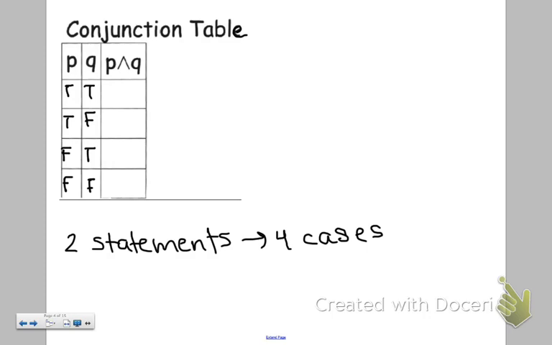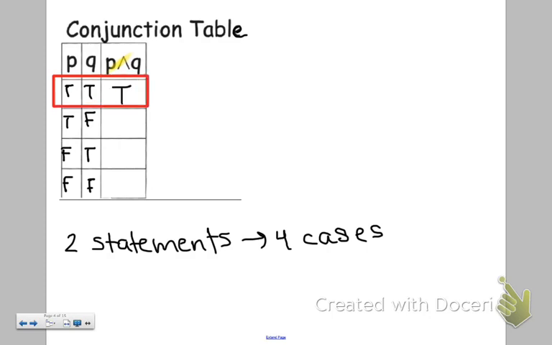Now, when we look at these combinations, notice that in this table we're looking at P and Q. The only way that an and statement is true is when we have true and true. So this is going to be the case that you really want to make sure that you remember for and.